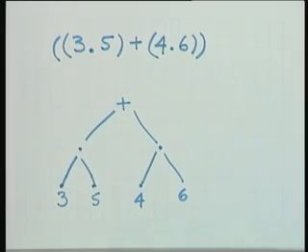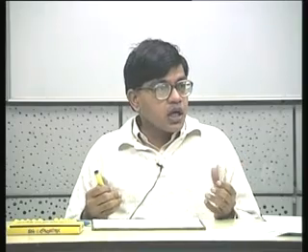So, all our evaluation mechanisms actually refer more to an abstract syntax tree than to the concrete parse tree of the expression. So, we have to keep this in mind. I will often be using these abstract syntax trees. Once we cross syntax, I will be using only these abstract syntax trees. So, let us keep that in mind.